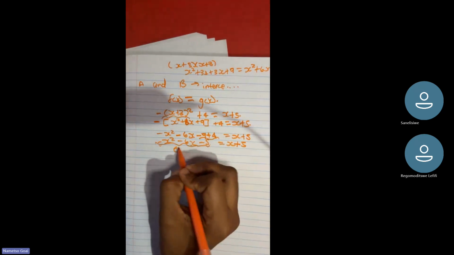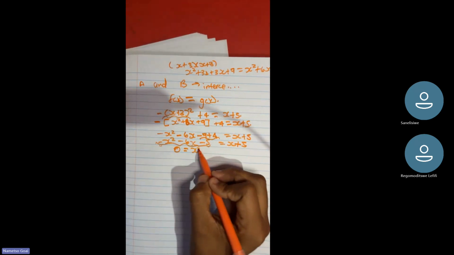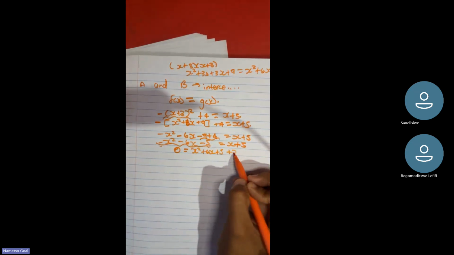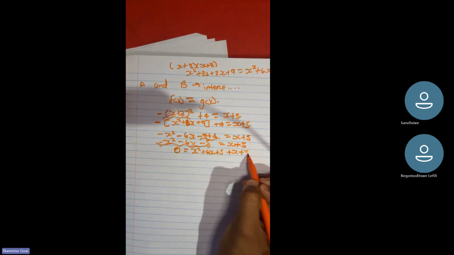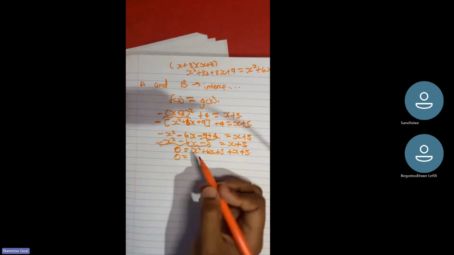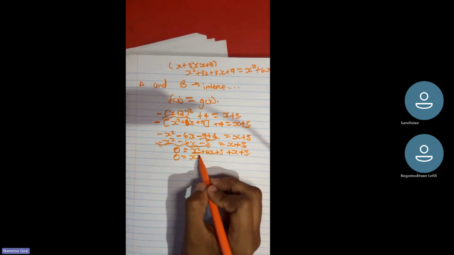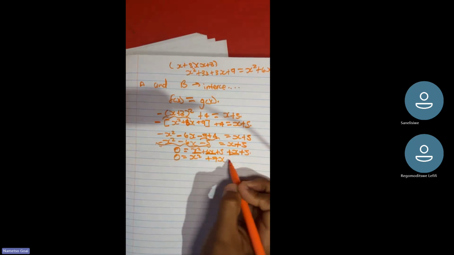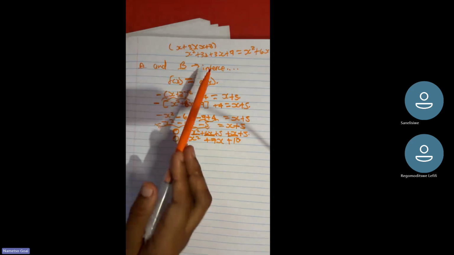So we're going to be left with 0 equals x squared plus 6x plus 5 plus x plus 5 again. So we'll have 0 equals x squared plus 7x plus 10. So far, you guys are with me, right? Yes, we are, because all that we're trying to do is find what A and B are with regards to their x values.